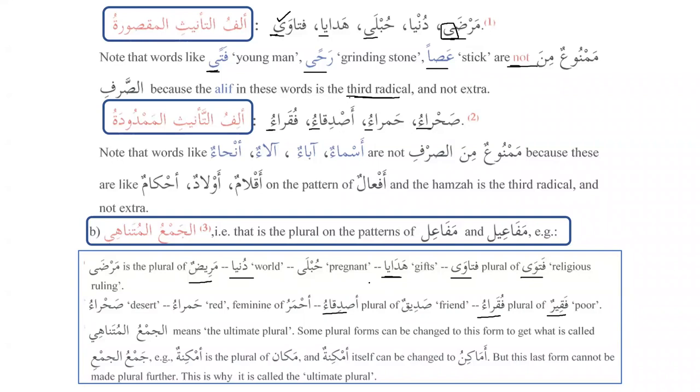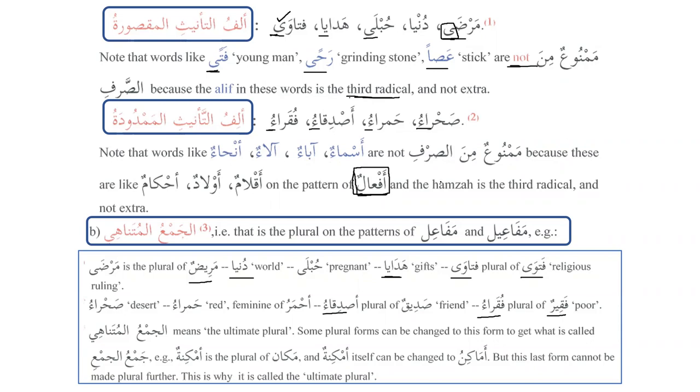However, something very important. Any noun that comes on the pattern of af'alun will be flexible. That means it is triptot, and it will accept tanween. What is the exception? You can just memorize it: a noun that comes on the pattern of af'alun is triptot, flexible, and accepts tanween. For example, we have anha'un, ala'un, aba'un, and asma'un.